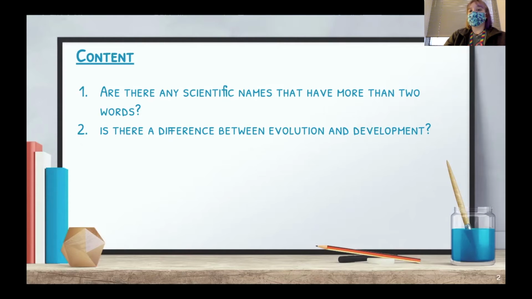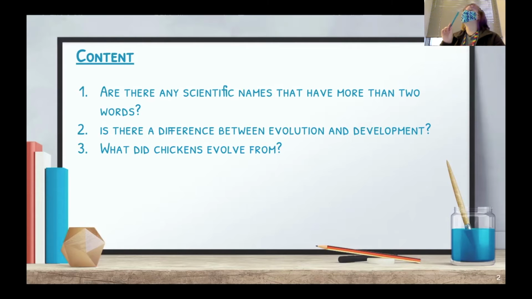I think there's a total of 4 questions. What did chickens evolve from? This was a fun question. If you did the trees from yesterday, you'll know that birds in general are related to dinosaurs. Dinosaurs were the first, I'm going to call them the first birds, because really that's what I like to think of them as. Giant birds.